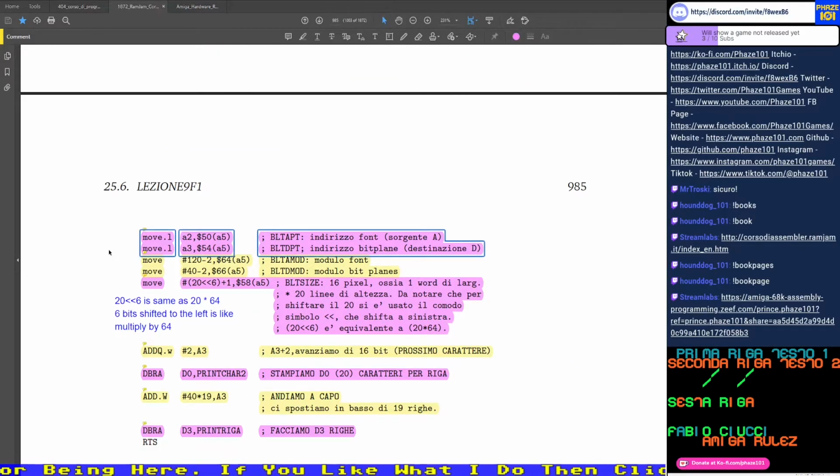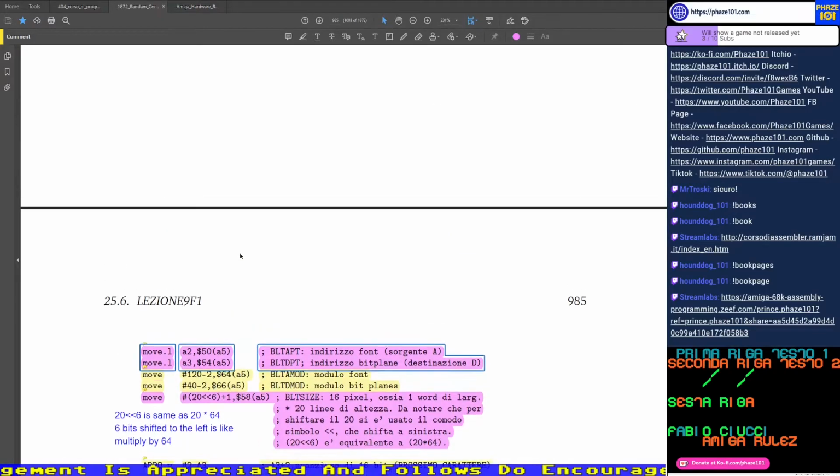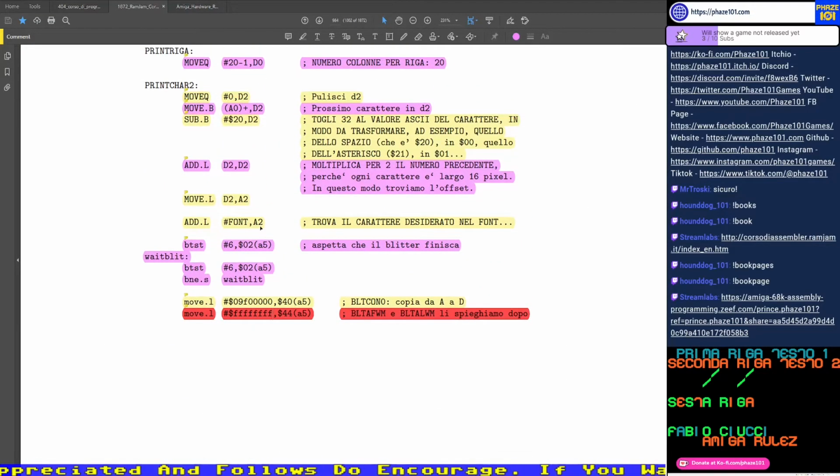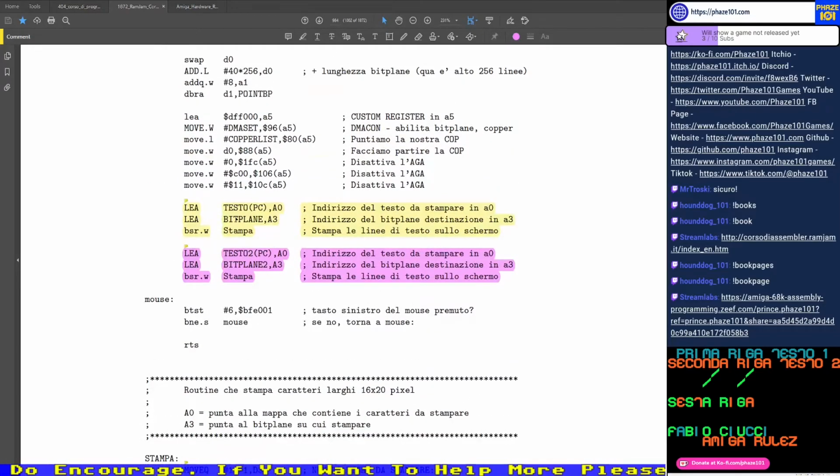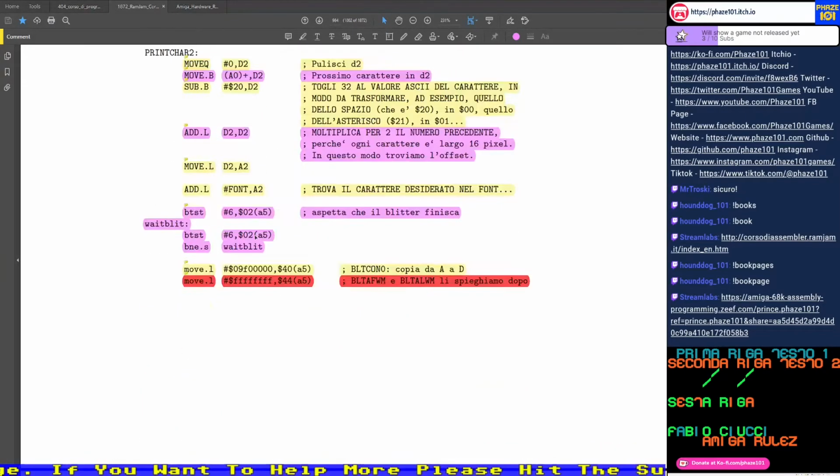Then we set the source and destination address of the character that we want to print, and the destination is, of course, the bit plane, the position where we are going to print on the bit plane, which we calculated. As you can see, A2 is here, and the destination, the bit plane address, is A3.